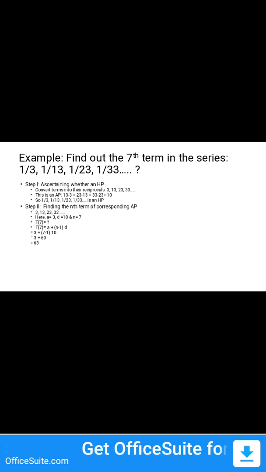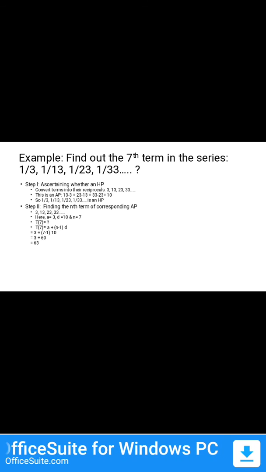Now once you have ascertained this, we have to find the nth term of the corresponding AP. Corresponding AP means the series that we had obtained by converting every single term of the given series into its reciprocal. So the corresponding arithmetic progression here is 3, 13, 23 and 33.